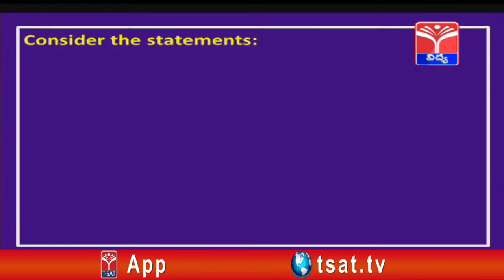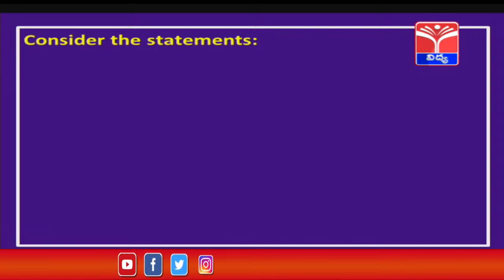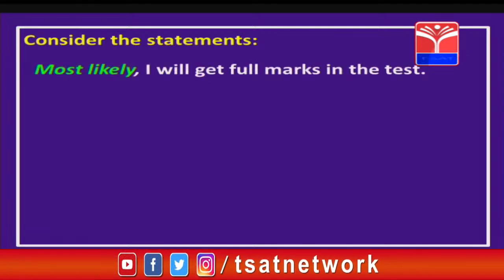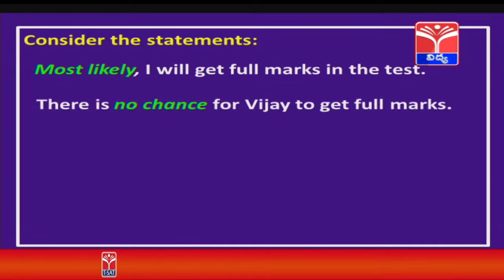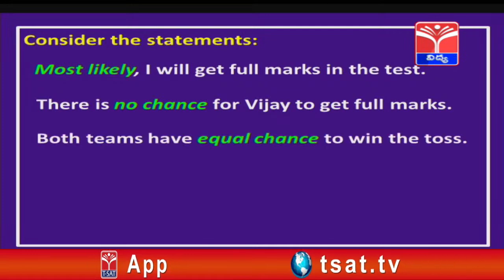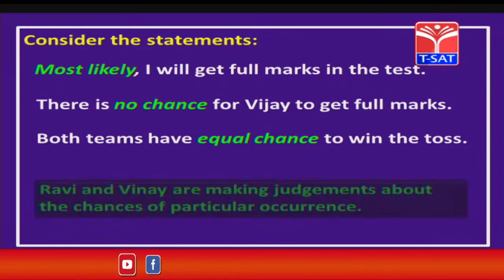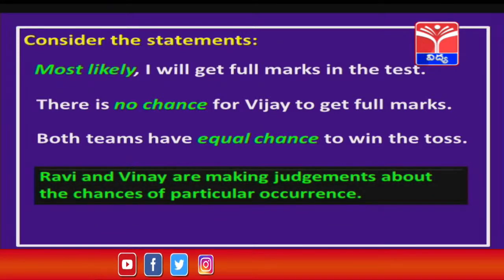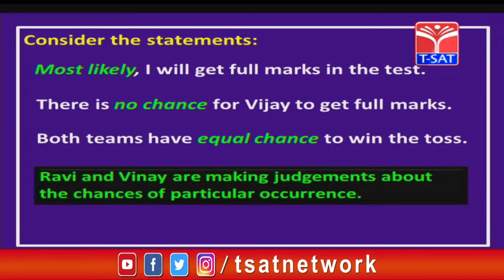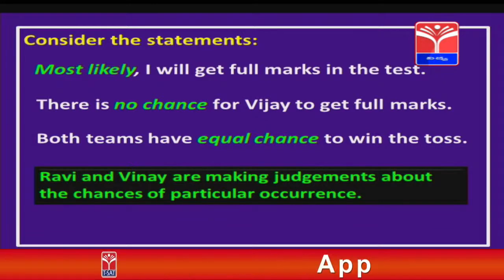Children, let us consider the statements which they were speaking. Most likely I will get full marks in the test. There is no chance for Vijay to get full marks, and both teams have equal chance to win the toss. So, these are some of the sentences which they were talking. Ravi and Vijay are actually making judgments about the chances of a particular occurrence.